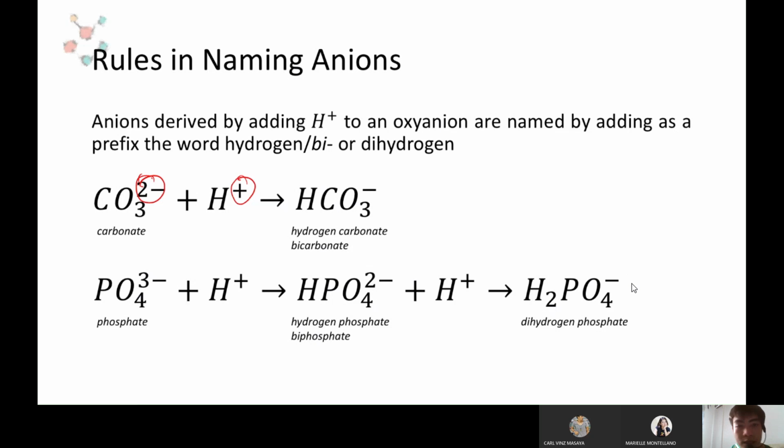As you can see, we still ended up with another anion. Since we added two hydrogens, we name it dihydrogen. Dihydrogen means we added 2 hydronium ions. Bi or hydrogen is the prefix when we added only 1 hydronium ion.